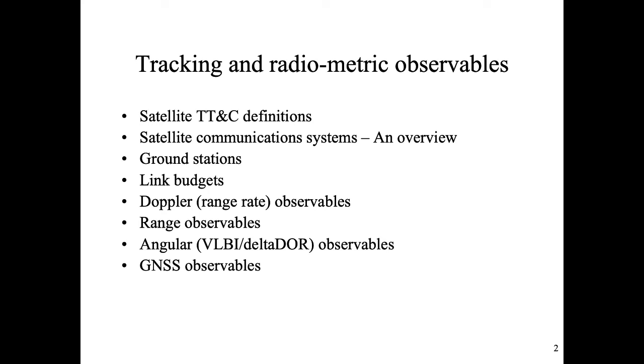And finally, we will talk also about GNSS observables, global navigation satellite system observables. But we will do this by describing the system as a whole, and in particular looking at the system aspects of GPS-like systems.